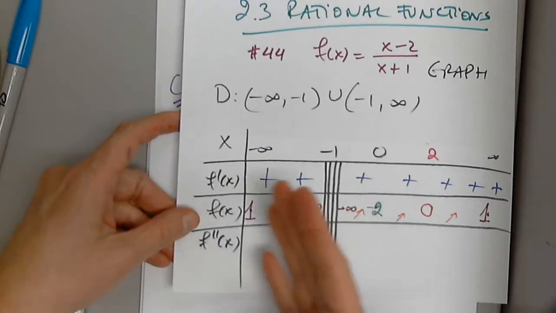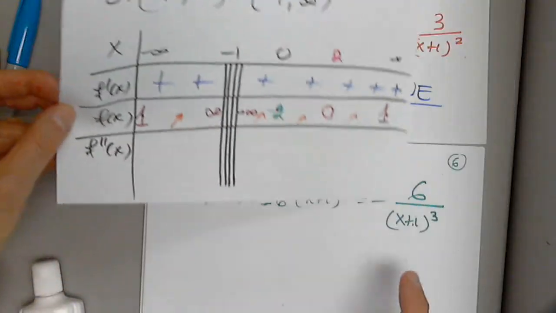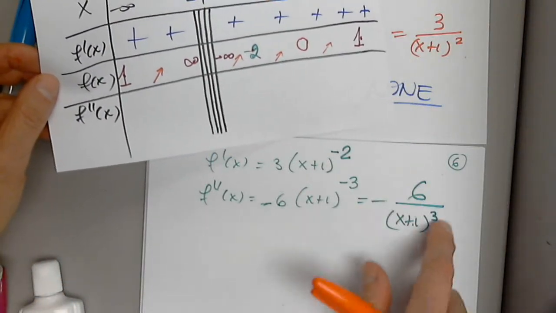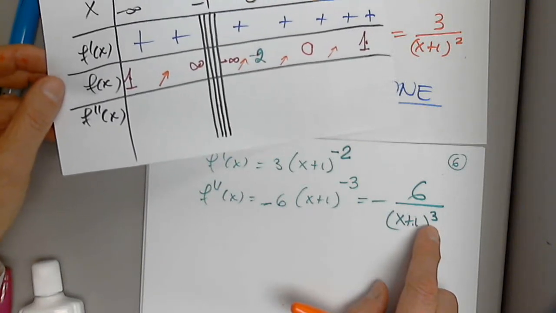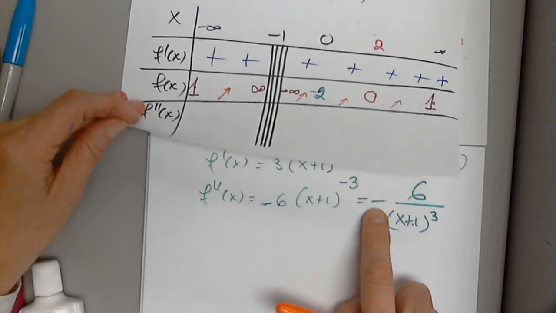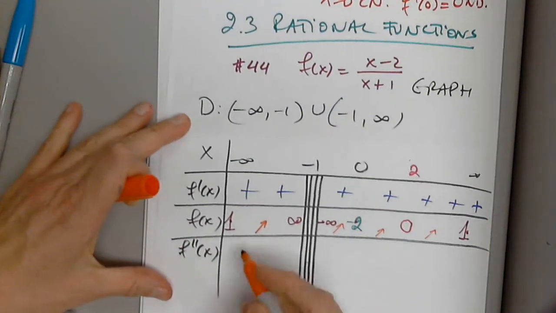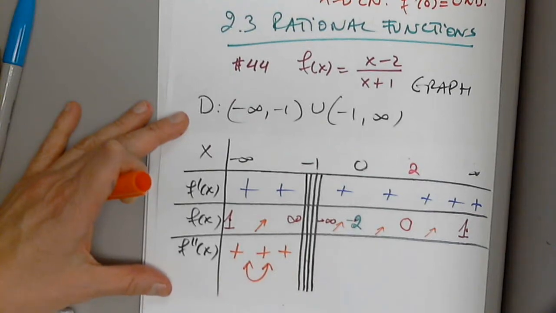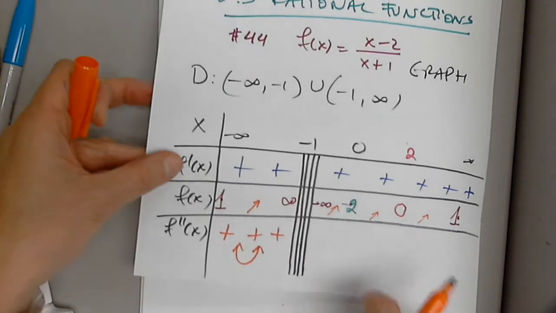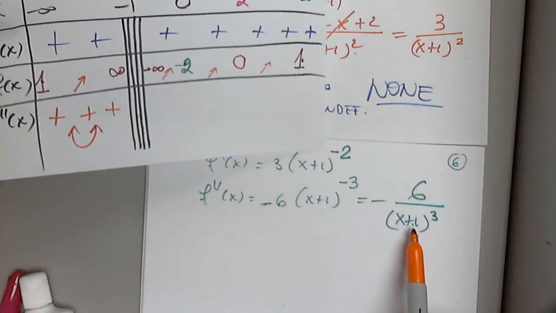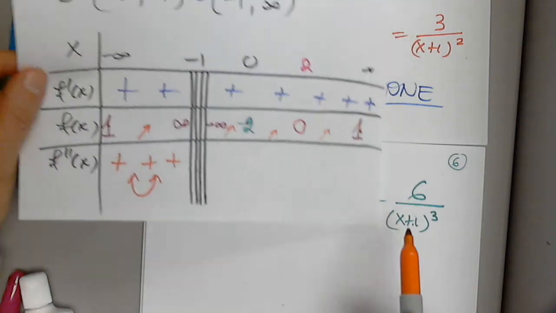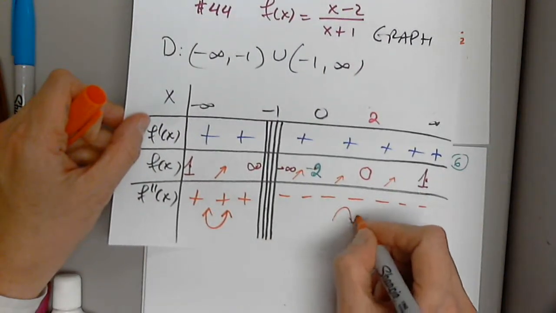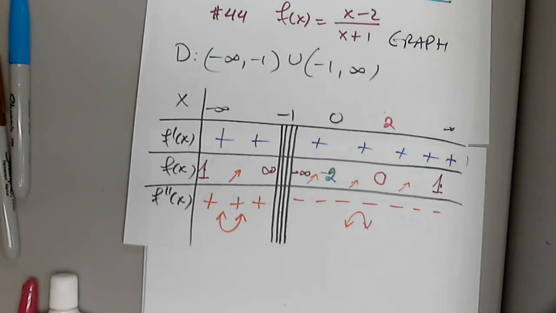To the left-hand side of negative 1, like negative 10, plug in negative 10 and tell me the sign of this whole thing. Negative 10 plus 1 is negative 9. Negative 9 to the third is negative, with negative in front. Excellent. The function has to hold water. On the other side, let's plug in 0. 0 plus 1, 1 cubed is 1. 6 over 1 with minus in front. That's all we needed. We filled out the chart. This will help us graph it right now.